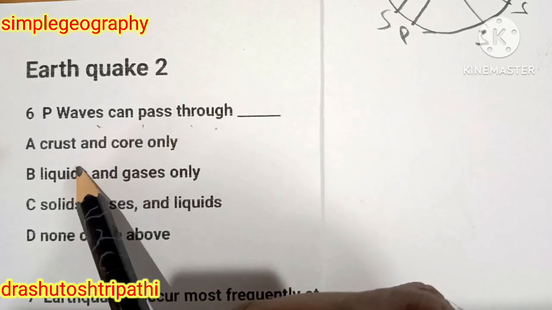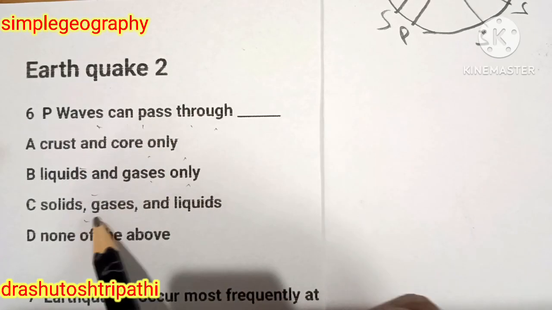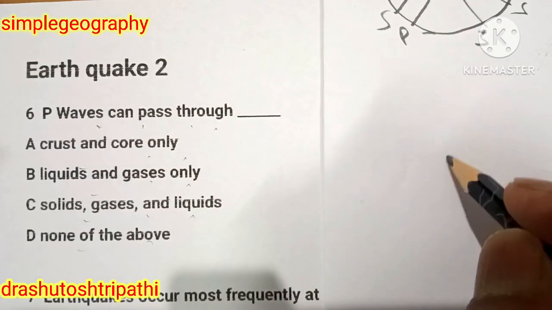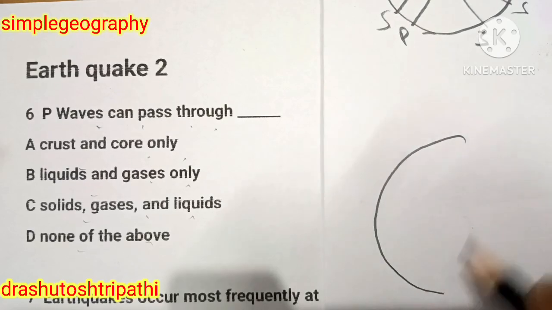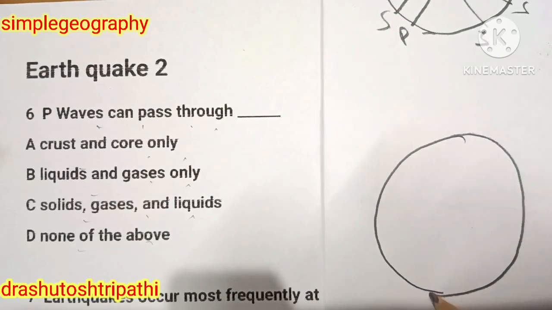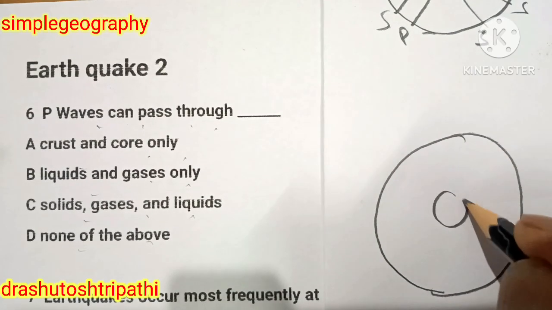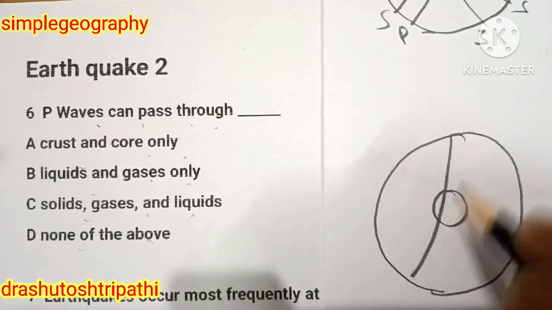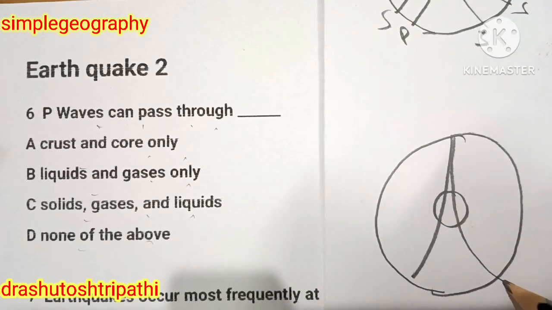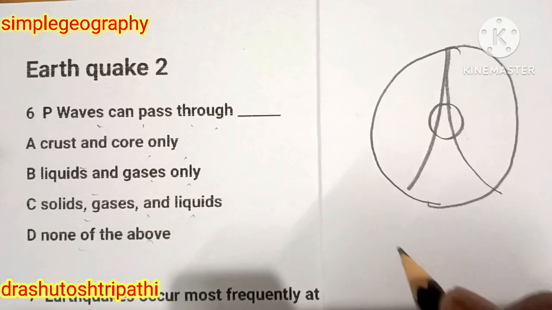Which wave can pass through crust and core: only liquid, gases, only solid, gas, liquid, none of the above. First, you have to know what P is. P wave is a primary wave which originates when the earthquake comes. This is the first wave which originates, that's why the P wave is also known as the primary wave.